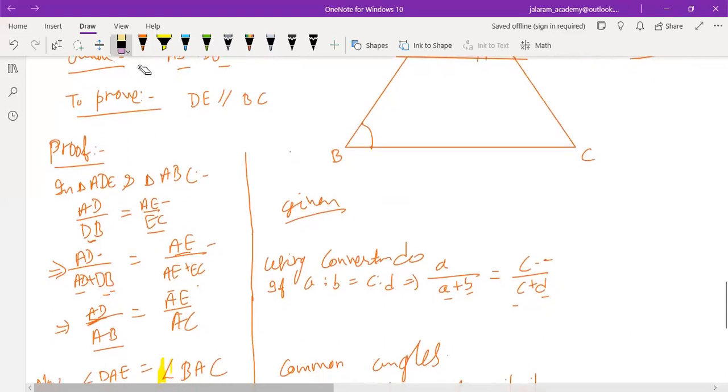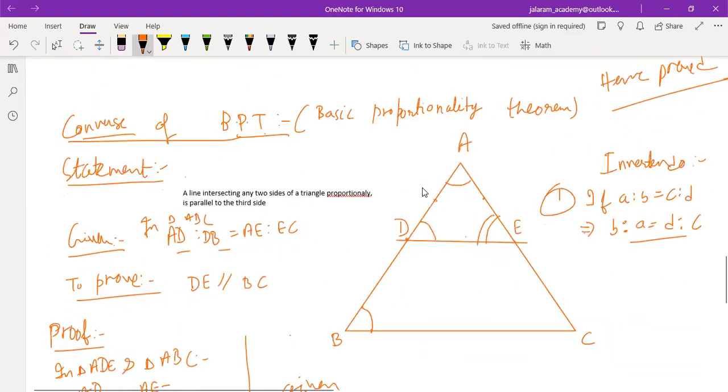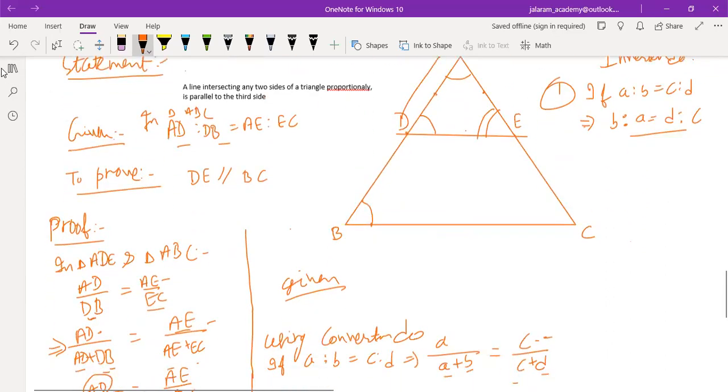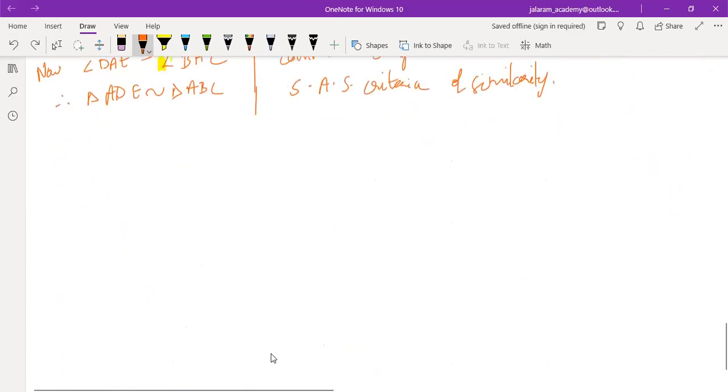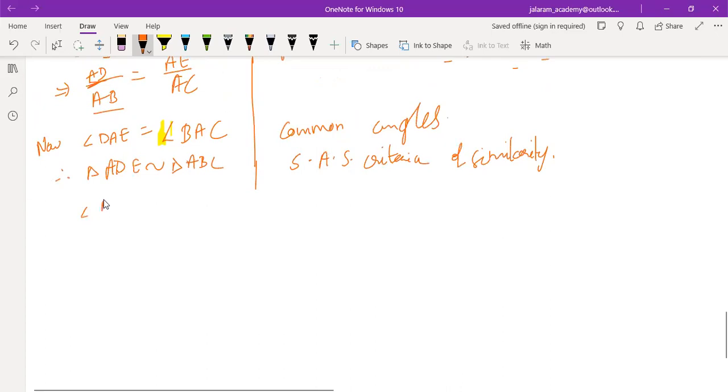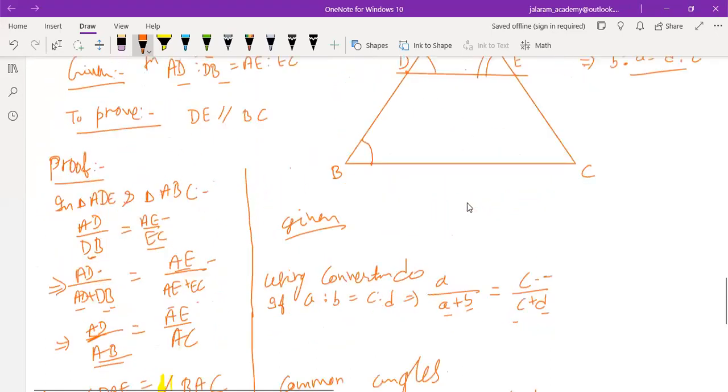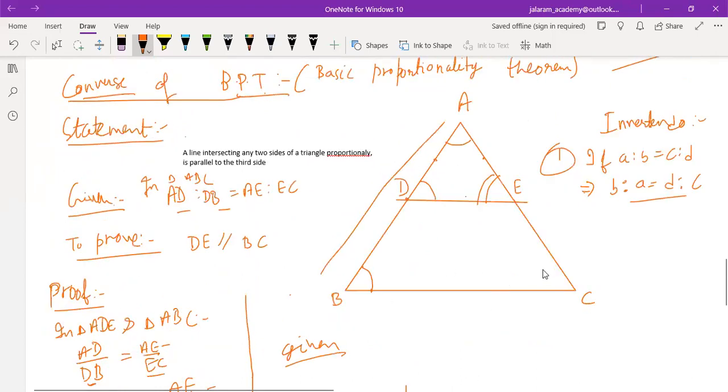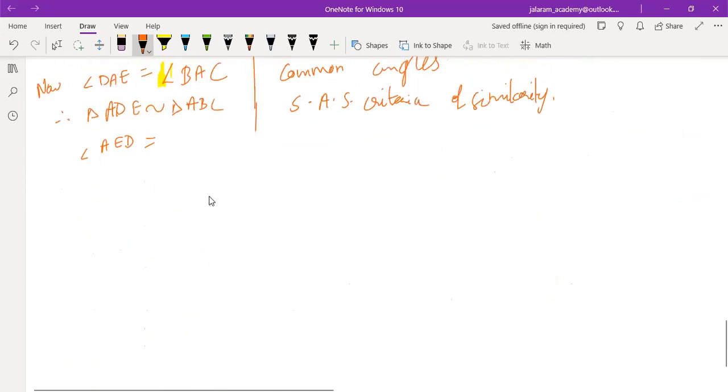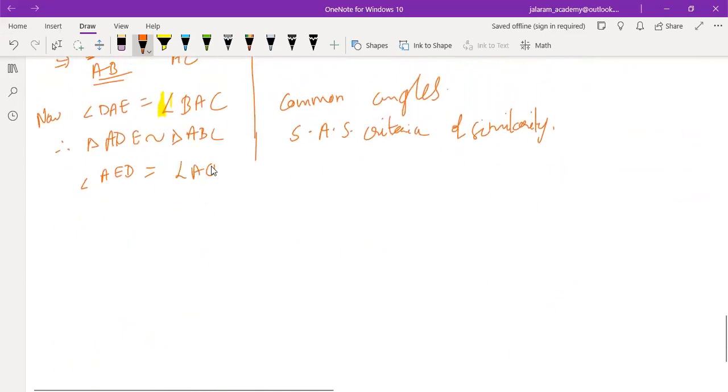So the angle opposite to side AD in triangle ADE, that is angle AED, equals the angle opposite to side AB of triangle ABC, that is angle ACB. And what is the reason for this?